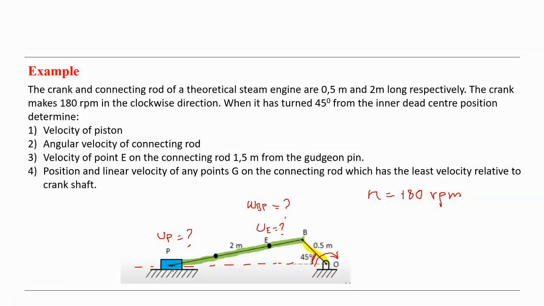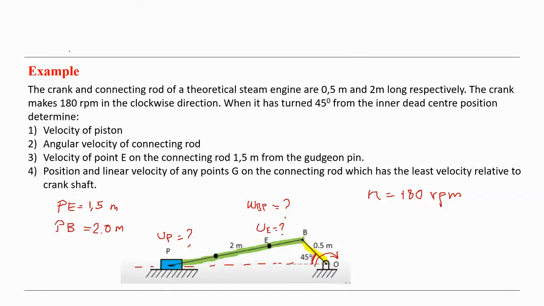So this distance PA is equal to 1.5 meters. In total, the coupler PB is 2 meters.